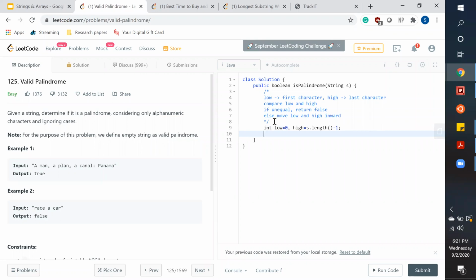And now someone said we want to repeat all of this while high is greater than low. And what do we want to do in here? So I've done this part. At this point, do we want to compare low and high? Or is there something else we need to do first?